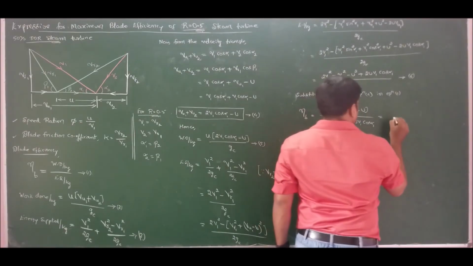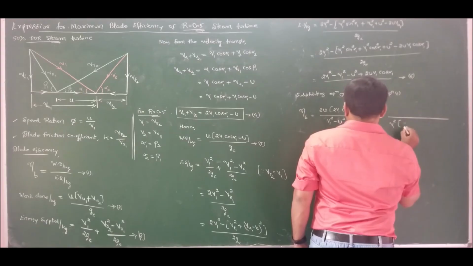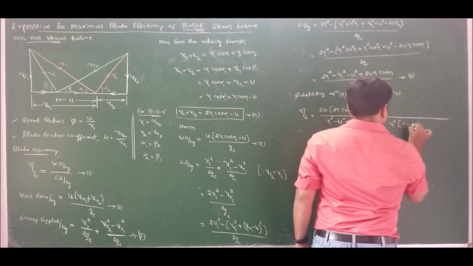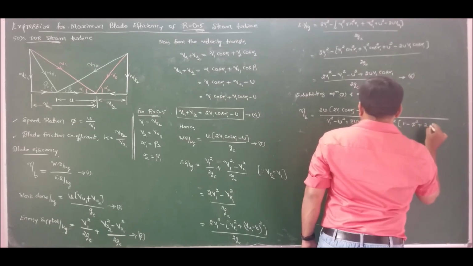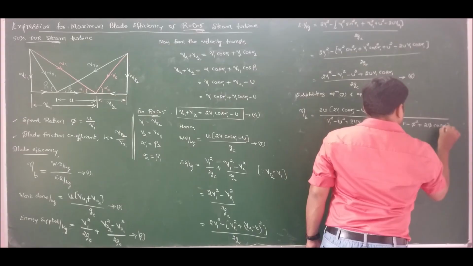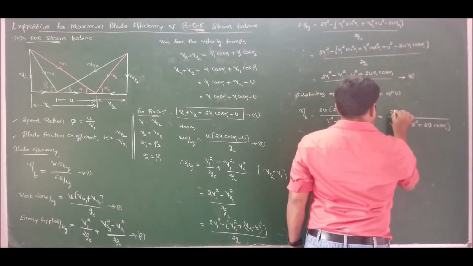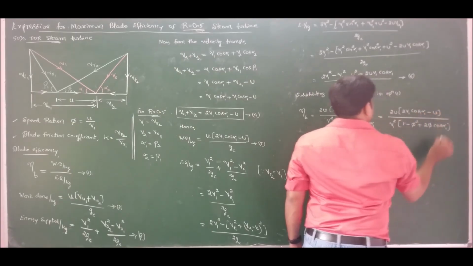Now let me take v1 square common in the denominator. I can write the denominator as 1 minus u square by v1 square is phi square, plus 2u by v1 is phi, v1 v1 cancel, cos alpha 1. Numerator is 2u of (2v1 cos alpha 1 minus u).